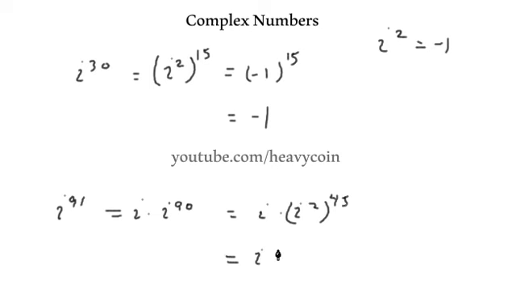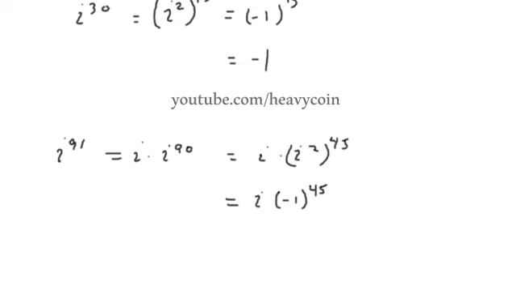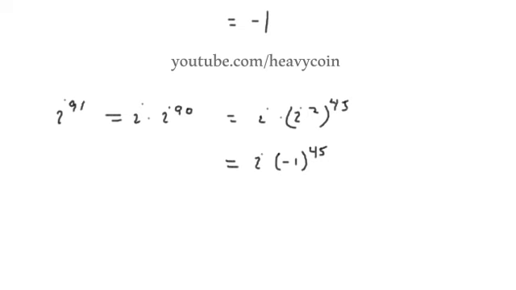So we have i times, and i raised to the second power is -1, remember? And of course that's an odd number, and so that becomes a -1. All of this right here, so we end up with -i. I want to bring that negative over to the left.